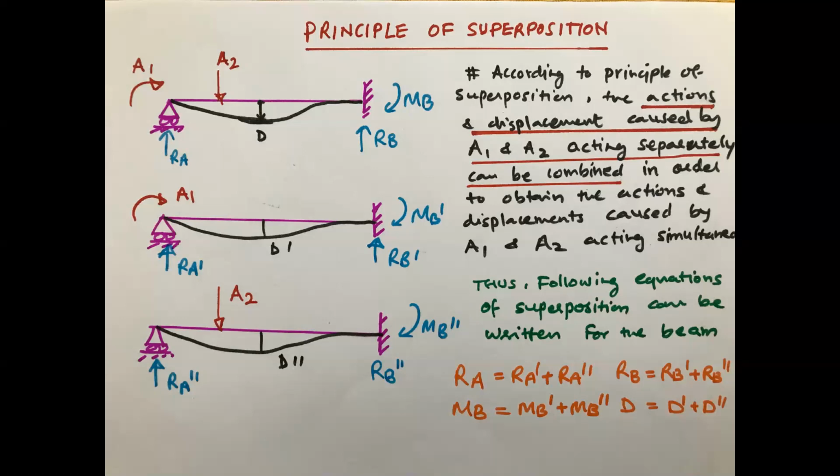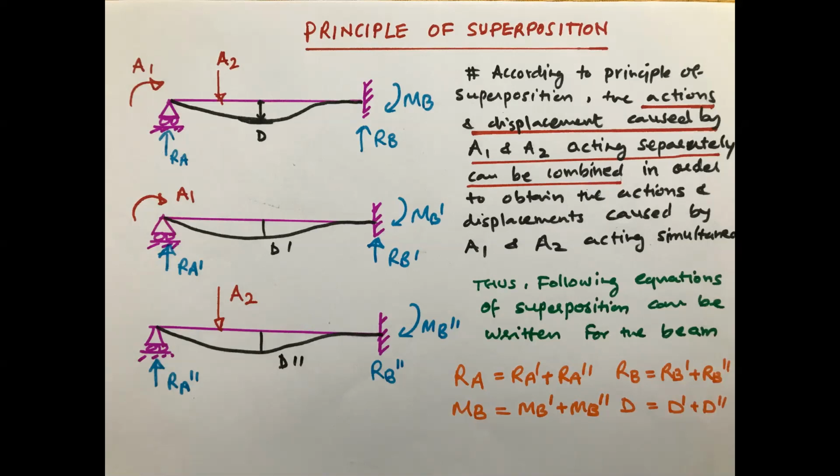And then finally, you can combine and write the principle of superposition equation together to get the combined and simultaneous effect of A1 and A2.